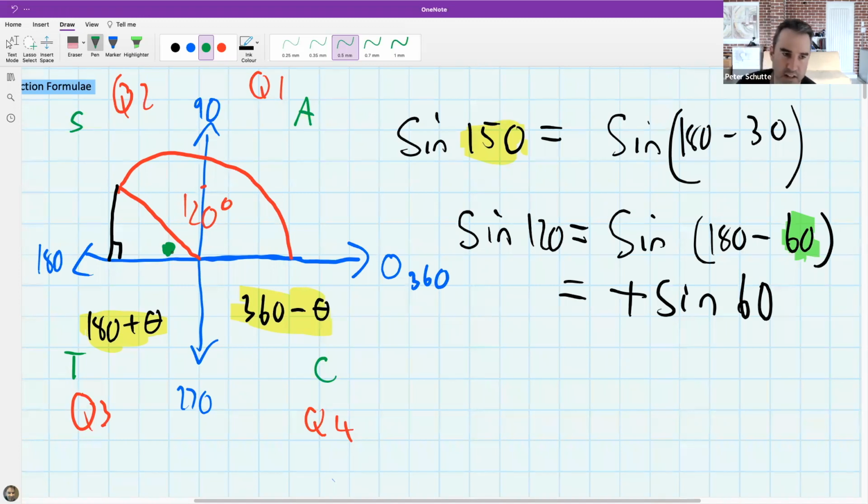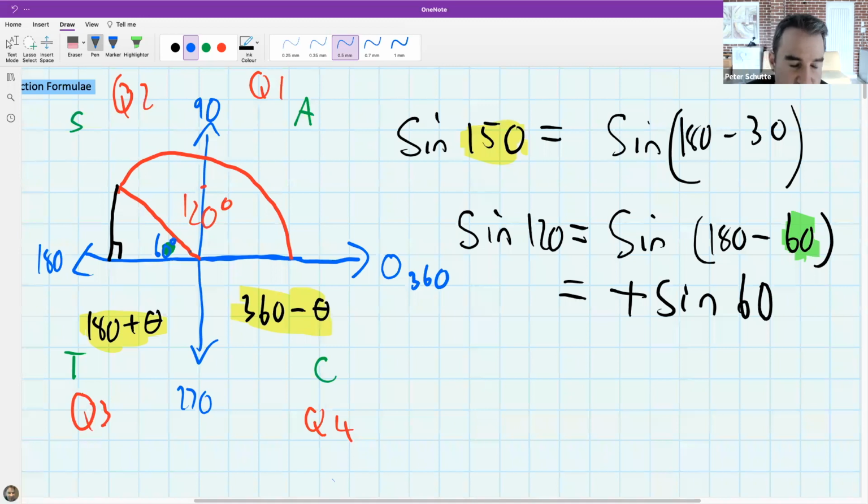So if you look at the screen, if I give you 120, the sine of 120, 120 gets me into quadrant 2. What is the value of the green dot? Okay, the green dot is 60 degrees. And so we know that the sine of 120 gives me the same triangle as the sine of 60.